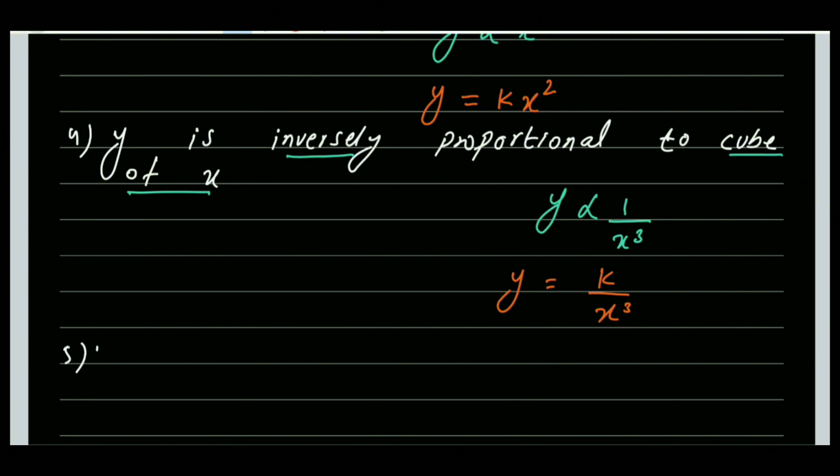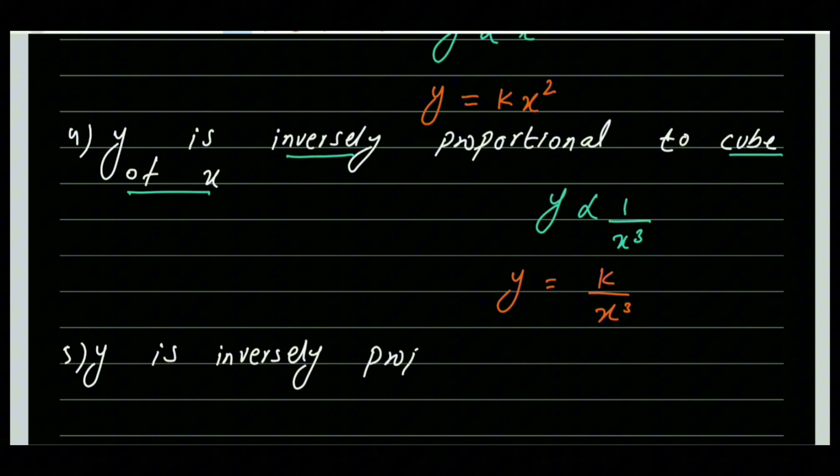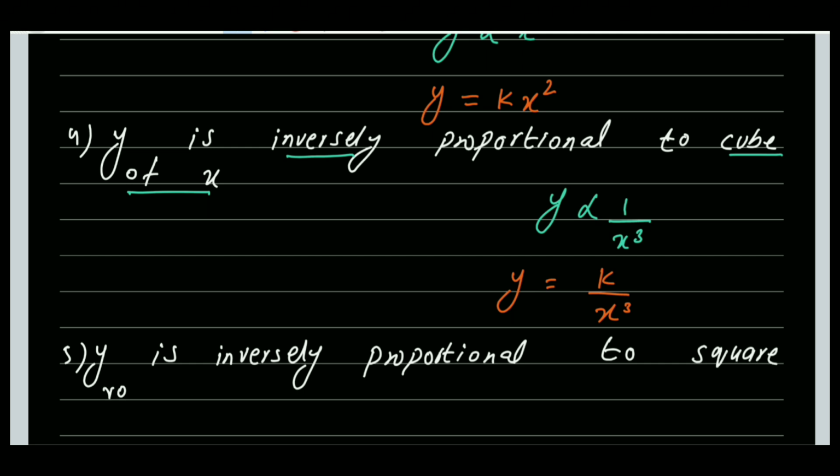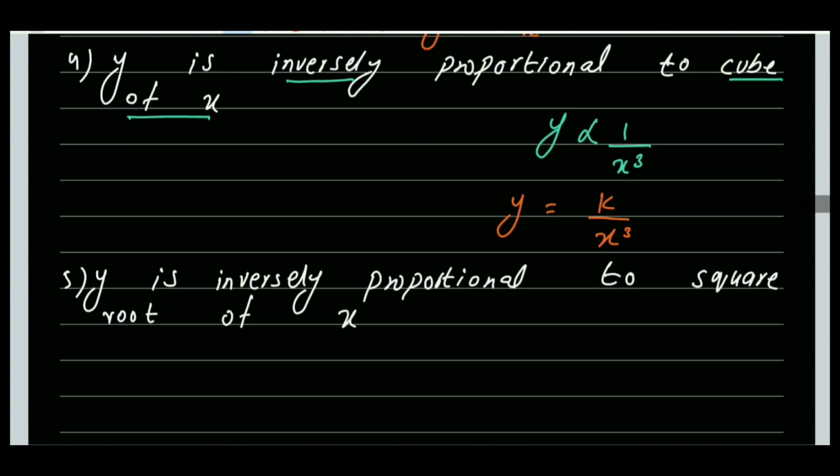Next, if y is inversely proportional to square root of x, then how will we write it? Here the key terms are inversely and square root of x.